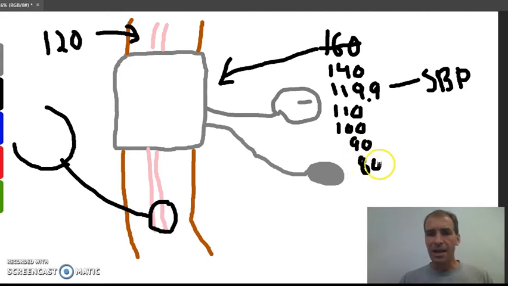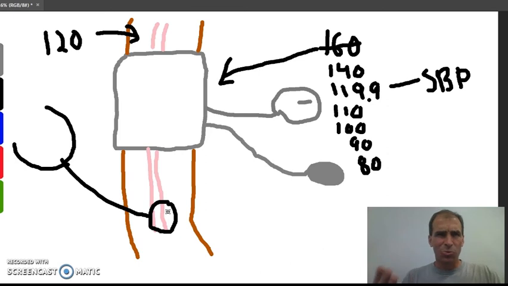What happens at 80 is the cuff has become so loose, and the pressure has dropped so much, that not only during systole can blood get through, but even during diastole, when the heart is relaxed, blood can get through. Because blood is continually getting through in both systole and diastole, I'm going to hear nothing.